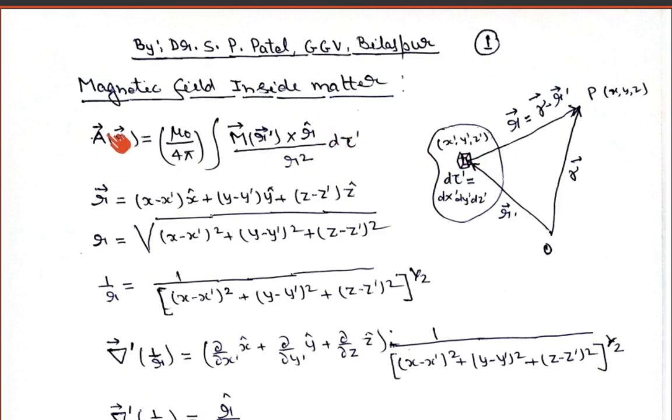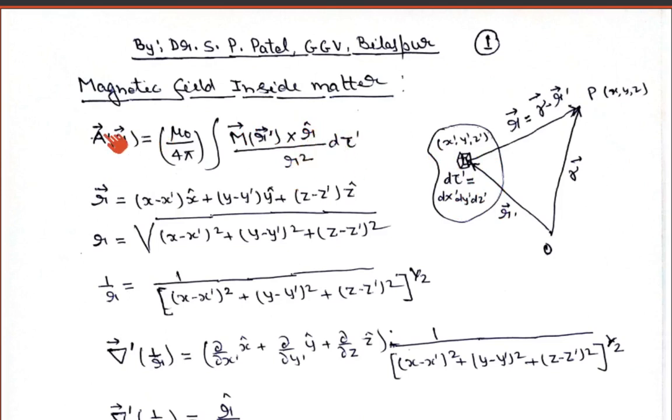So this vector potential is mu 0 upon 4 pi integral of the magnetization vector, which is obviously a function of r prime, because that is the coordinate x prime, y prime, z prime, cross product with r unit vector upon r square into d tau prime.